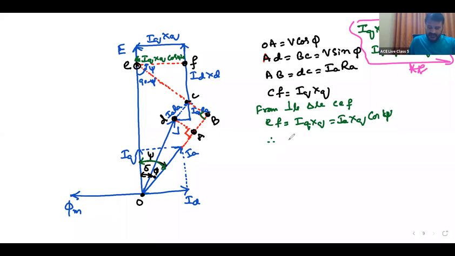Therefore, CE is equal to I_a X_q. Because in the right angle triangle, I_a X_q is the adjacent side and CE is the hypotenuse. That is equal to I_a X_q. Correct? Yes.